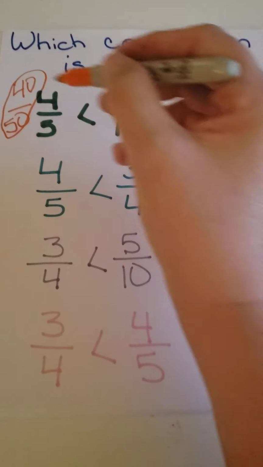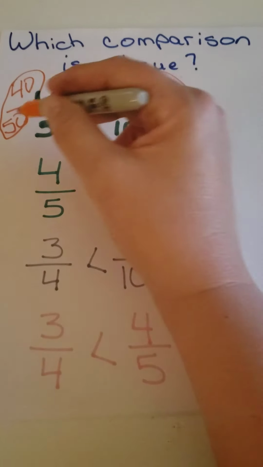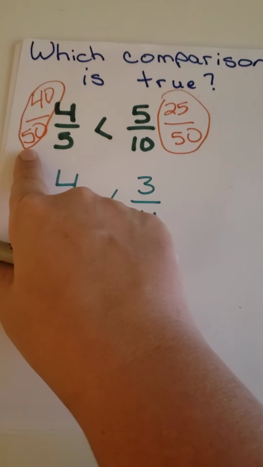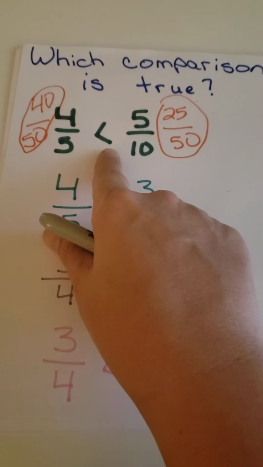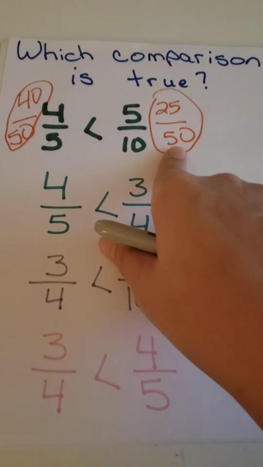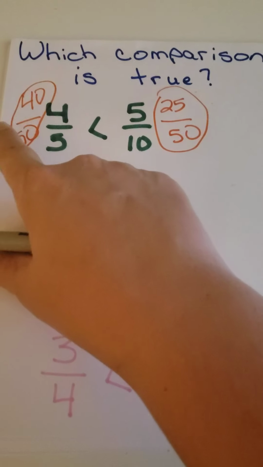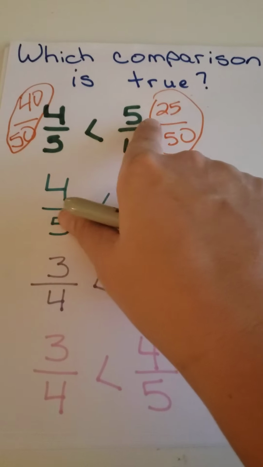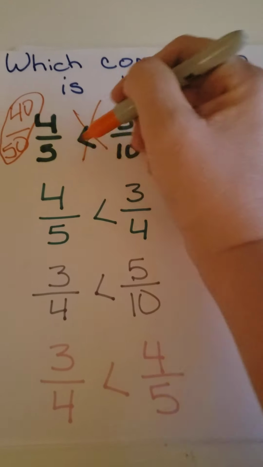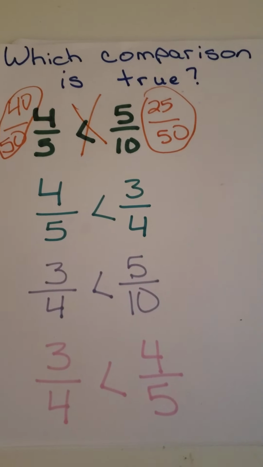And now, because they have the same denominator, we can compare them. So 40 over 50 is less than 25 over 50. Is that true? Is 40 less than 25? No. So this is not true.